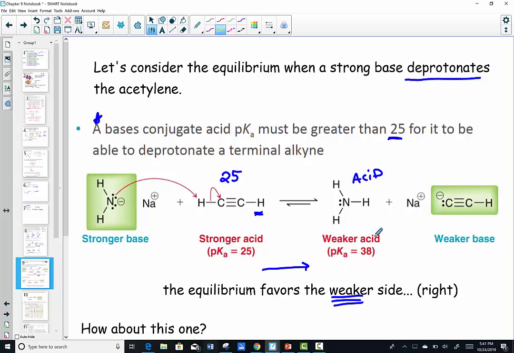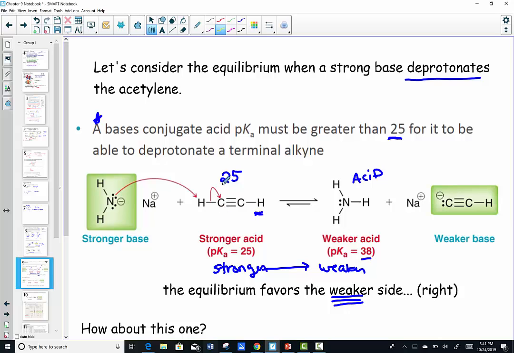We have to have something weaker form because I understand that the equilibrium favors the weaker side. And in this case, the ammonia has a pKa of 38. The acetylene, this terminal hydrogen, has a pKa of 25. And if we don't remember how to read that chart, I'll show you the chart in the next slide. But we want to make sure that we go from stronger to weaker in order for the reaction to favor the product side.